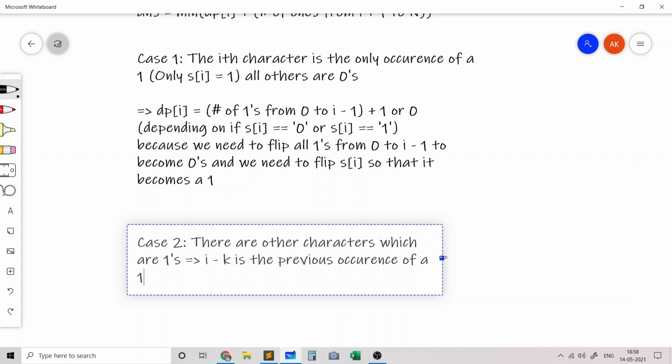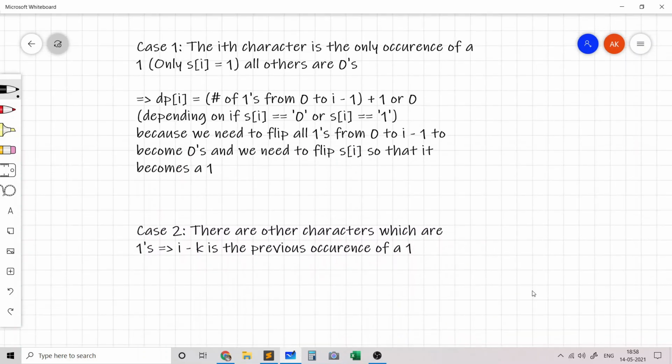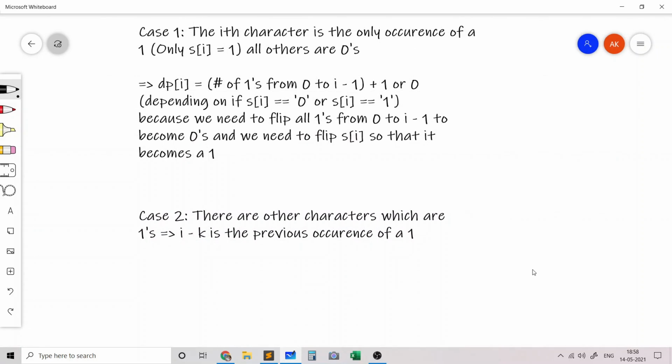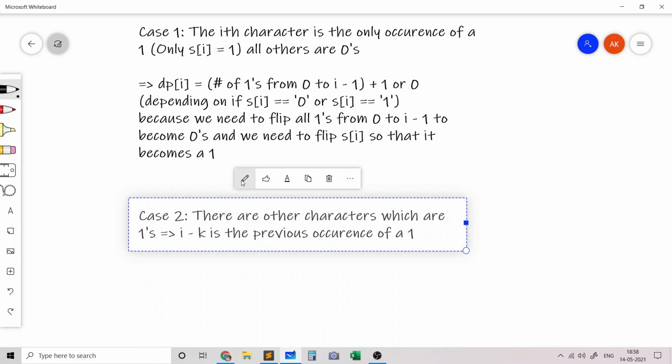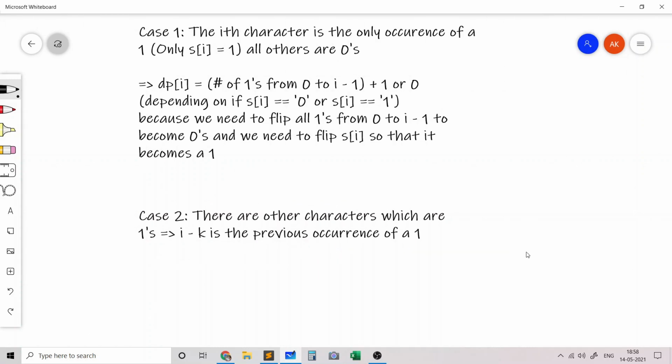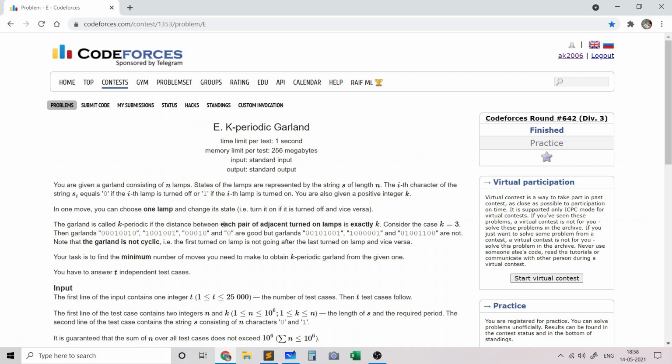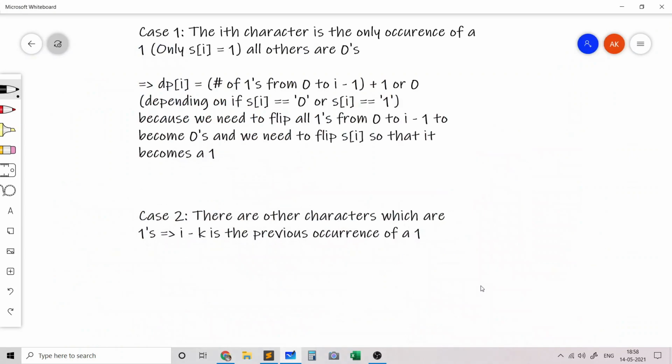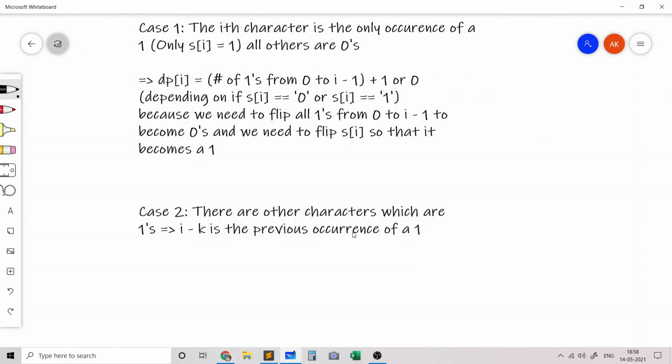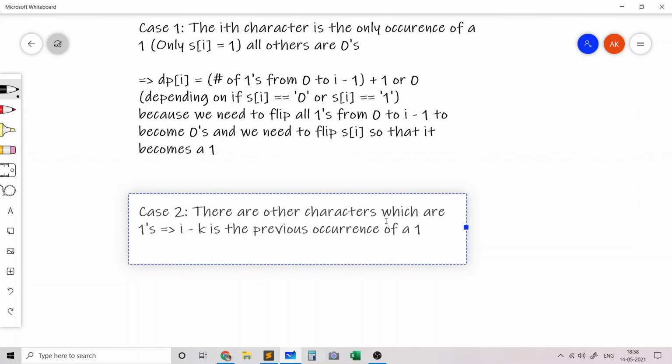And this is the whole idea behind the solution, which you need to realize, and that's the fact that I minus k will be the previous occurrence of a 1, and this should be clear based on the definition of a k-periodic Garland. A k-periodic Garland has this key property that the distance between each pair of adjacent turned on lamps is exactly k, and that means that the previous occurrence of a 1 should be at I minus k.